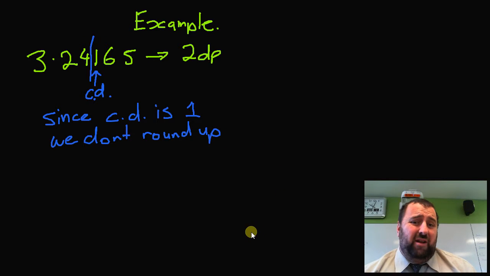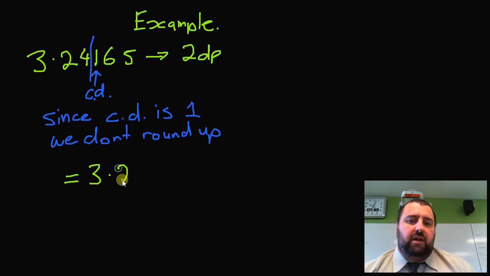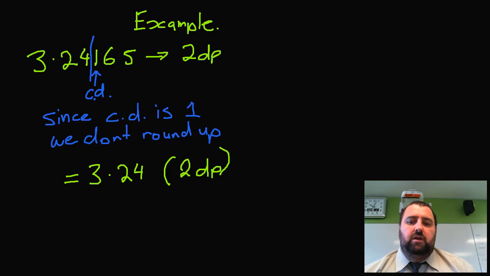All right, we essentially round down, but the thing to remember about rounding down is that we don't actually change the number. We don't move the number down. We just get rid of all the decimal places, except for the 2 that we want, of course. So this is our answer to 2dp. Okay?